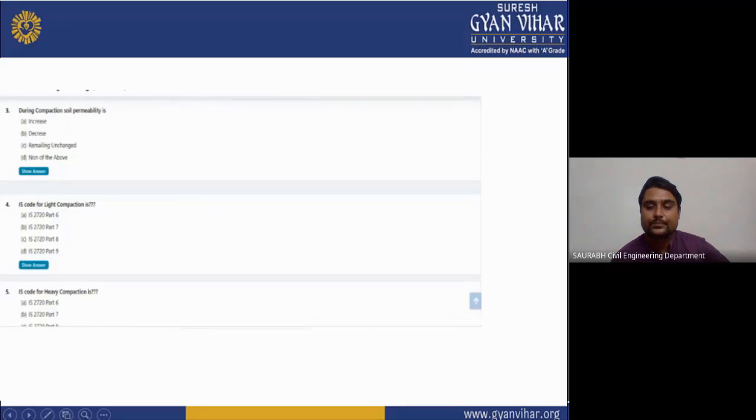Now we will come to the third question: during compaction, soil permeability is... In this question, it is asking what will happen to the permeability of the soil when you compact your soil sample. Will it increase or decrease? One thing you have to remember is that permeability is the flowing capacity of water through the soil.